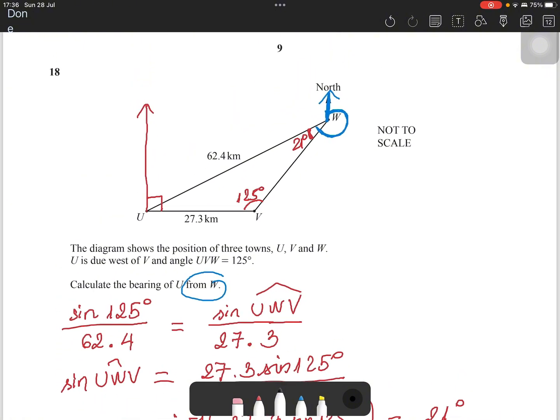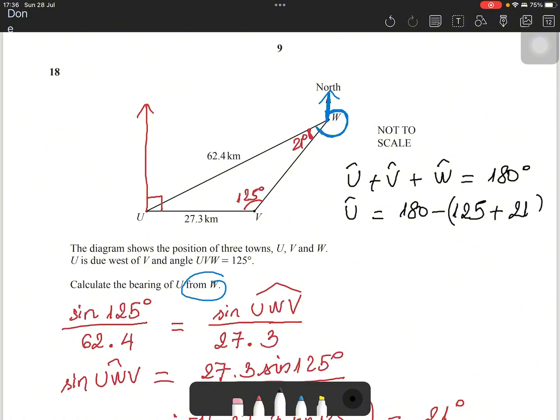The three angles U plus V plus W should add up to 180 degrees because they are the angles in a triangle. So the angle U is equal to 180 minus 125 and 21 degrees. So the angle U is 34 degrees.